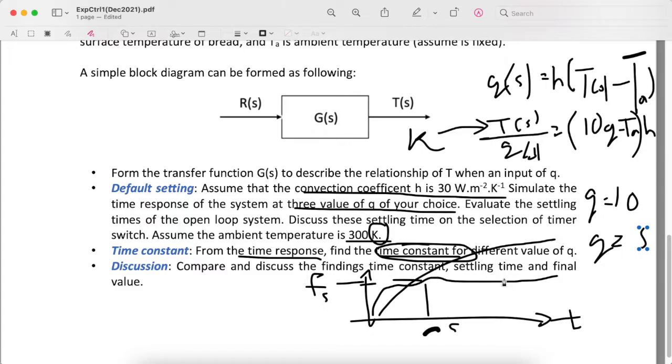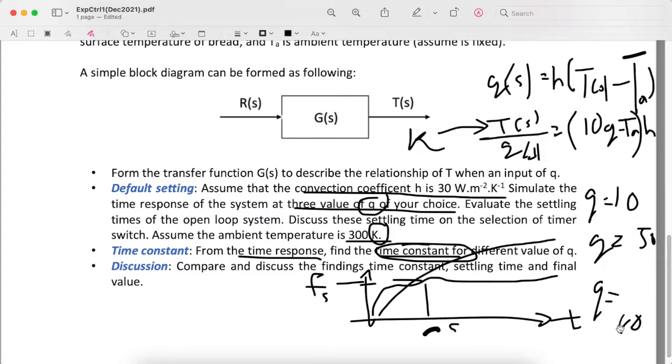If still not there, then you pick a third one, changing only the Q value. Let's say you put 50 and realize the temperature is too high, then you may pick the third one as maybe 40. That is how you pick the three values. You don't need to do the fourth or the fifth.